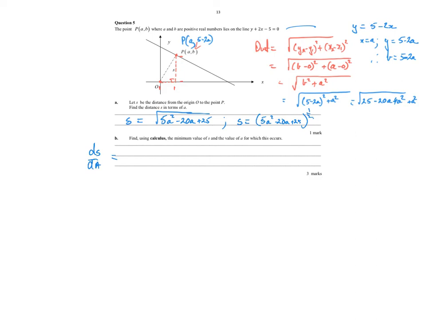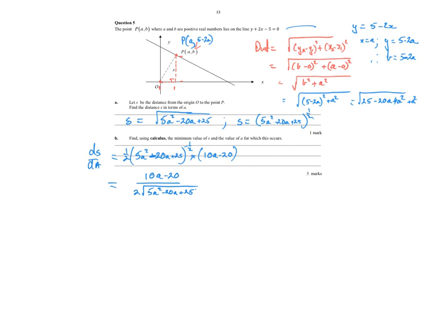So ds/da is a half out the front, don't change anything else, to the minus a half, times the derivative of the inside, which is 10a minus 20. Let's simplify that: 10a minus 20 over 2 times the square root of 5a squared minus 20a plus 25.